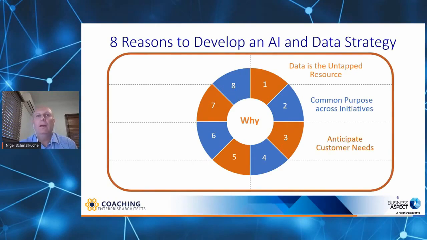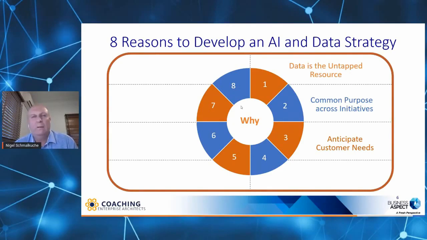So the third one is anticipate customer needs. So traditionally, and I'm talking about BI and analytics strategies, or just reporting strategies, those types of things, they're looking more down the chain of descriptive analytics and looking at the past and trying to build a picture of the past to make decisions.